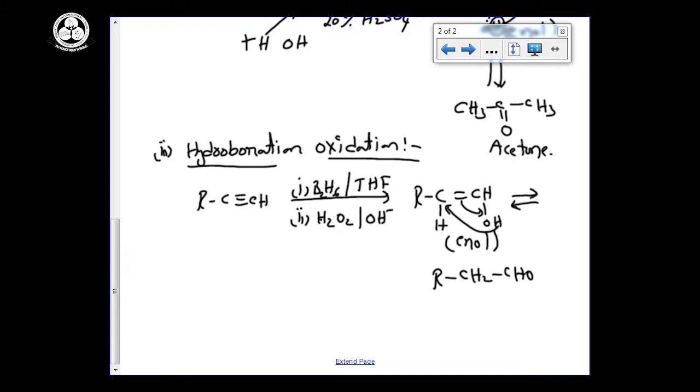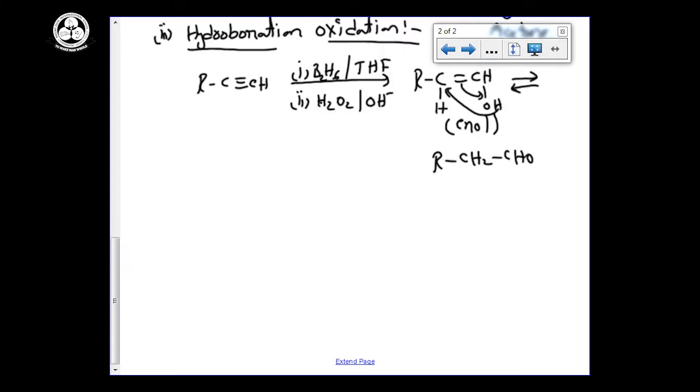So see the differences between the hydroboration oxidation and mercuric ion catalyzed hydrolysis. Simply I will say the differences, then we will see one example for this. Carefully observe.